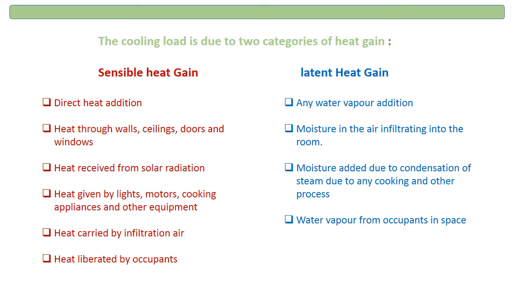Your sensible heat gain will be contributed through direct heat addition. That may be from different factors, as listed below. Heat through walls, ceilings, doors and windows, heat received from solar radiation, heat given by lights.